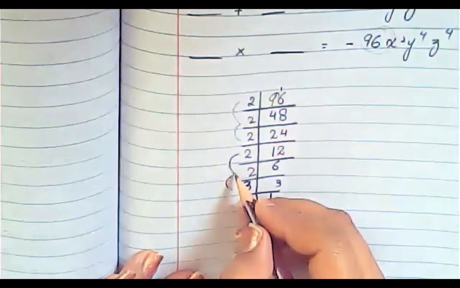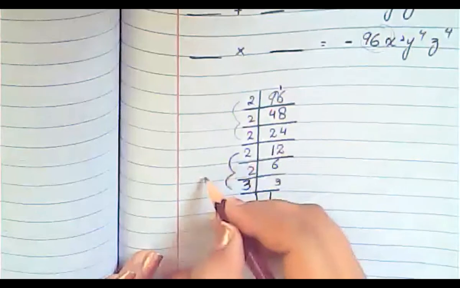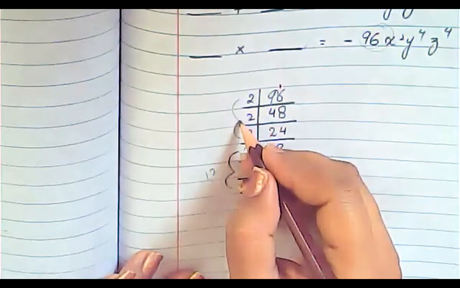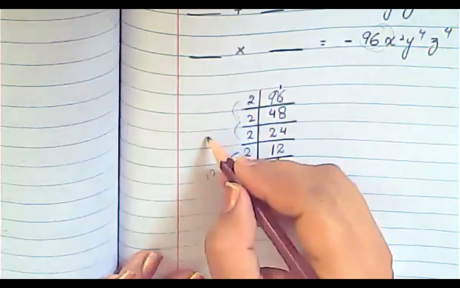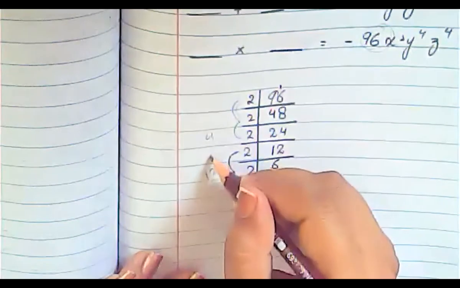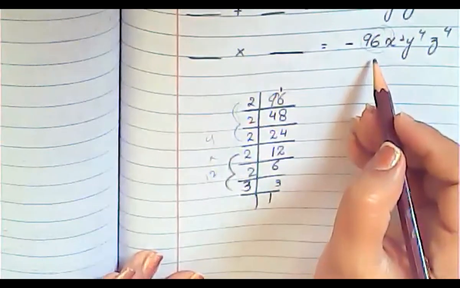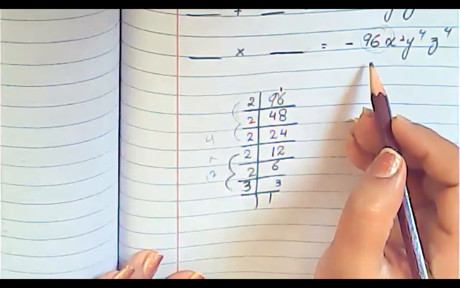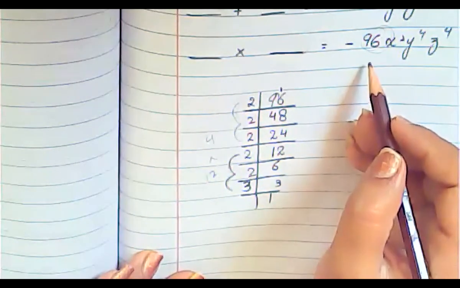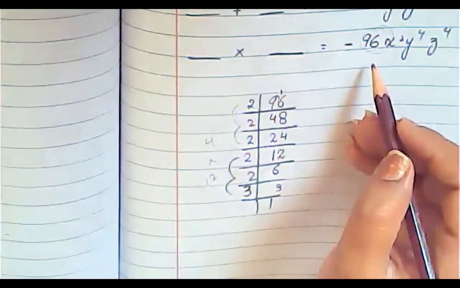If 3 multiplied by 2 is 6, 6 multiplied by 2 is 12, and 2 multiplied by 2 is 4, and 4 multiplied by 2. So 12 multiplied by 4, is it 96?